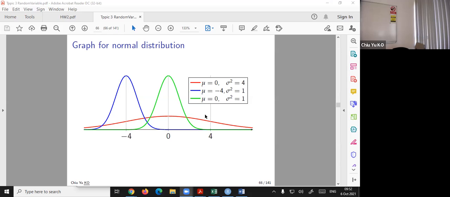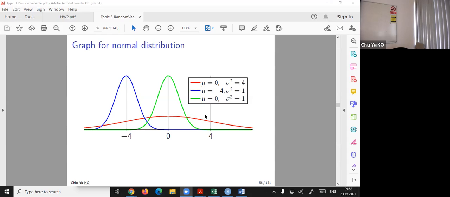But anyway, here you compare the red and the green. Red and green have the same mean, mu. The green one has a smaller sigma than the red one. When the sigma is smaller, you squeeze everything into the middle, and because the area must be 1, it has a higher peak.